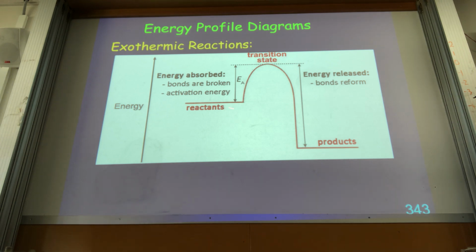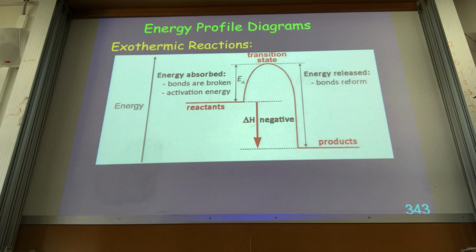So here we see the overall difference between the reactants and the products. The products have got less chemical energy, less enthalpy than the reactants. So the chemicals have lost energy. It's an exothermic reaction. And because the change in energy is in a negative direction, delta H is negative.